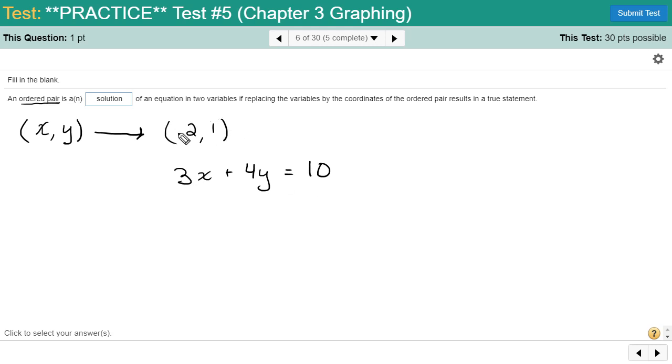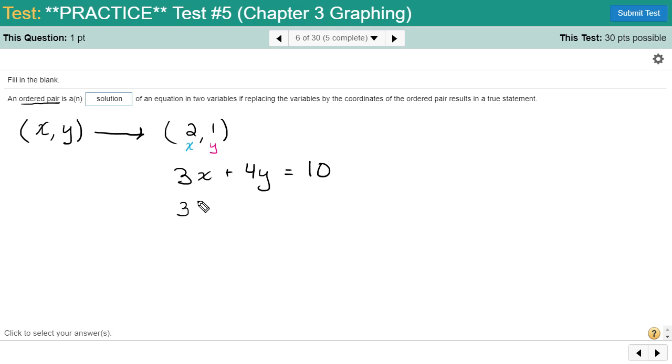Meaning, if we take this x comma y ordered pair, plug it into this equation, will we get a true statement? Well, let's see. We know that the 2 is going to be our x and the 1 will be our y. So let's plug them into this equation. We'll plug in 2 for x, plug in 1 for y, simplify, and see if we get a true statement.